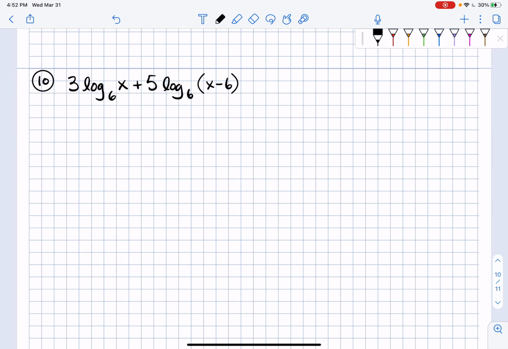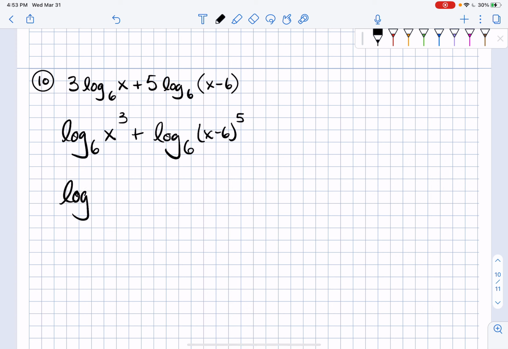Ooh, looks like this is going to be compressing. Okay, so let's go ahead and use the power rule. So I got log base 6 of x to the 3rd plus log base 6 of x minus 6 raised to the 5th power. Since I'm adding, it's going to be multiplying.